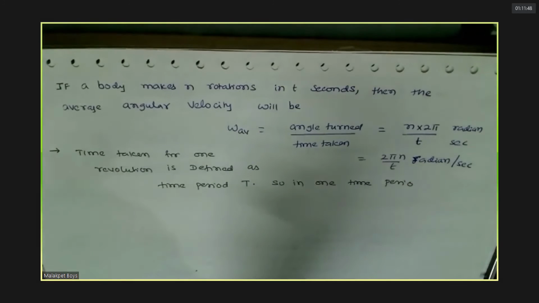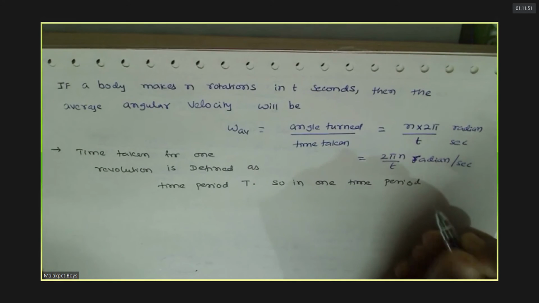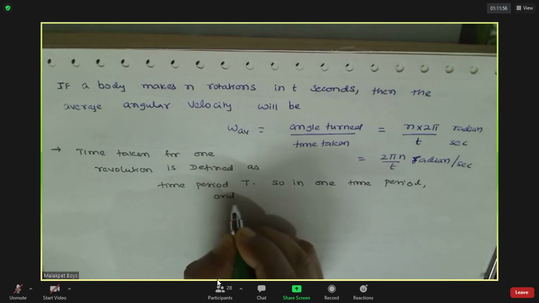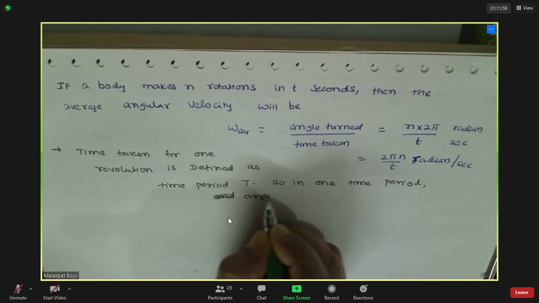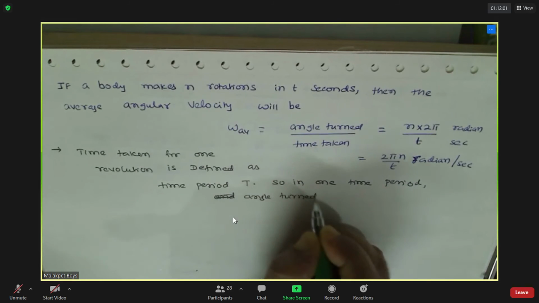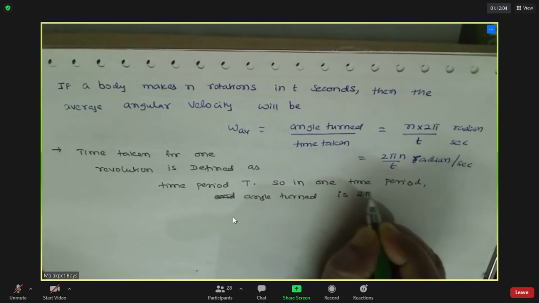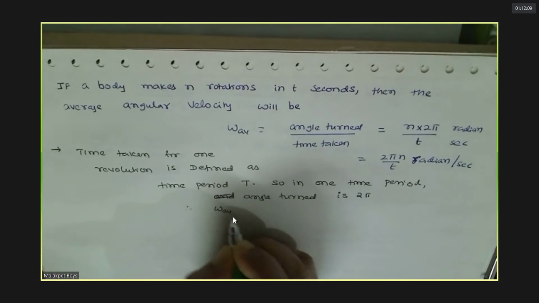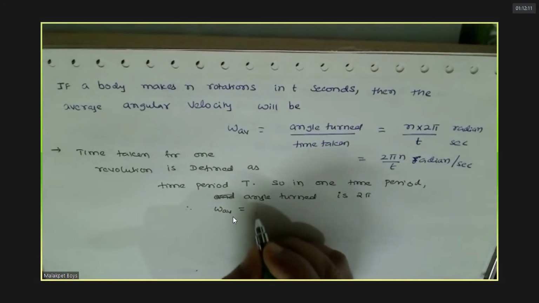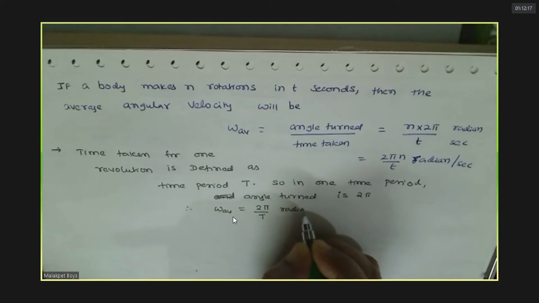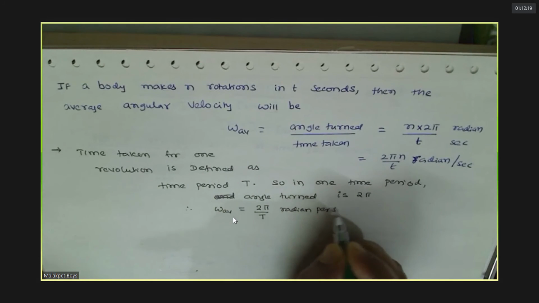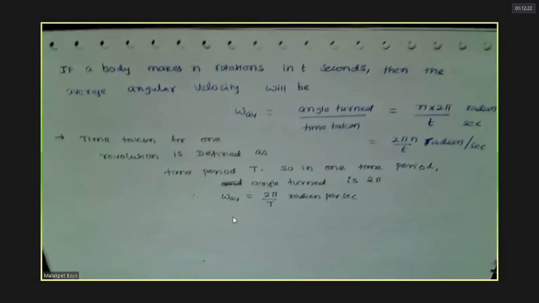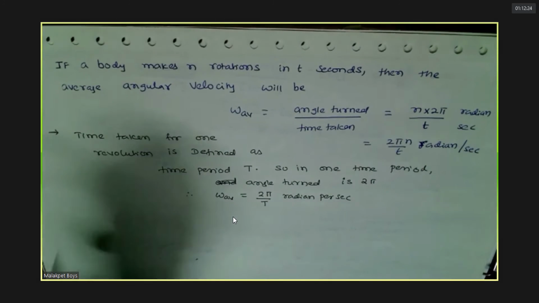We'll come back to this. So, in one time period, what is the angle turn? Can you tell? Angle turn is 2 pi. Okay. Therefore, what is average one? Angle turned by time taken. Understood this? Clear? Yes, sir.